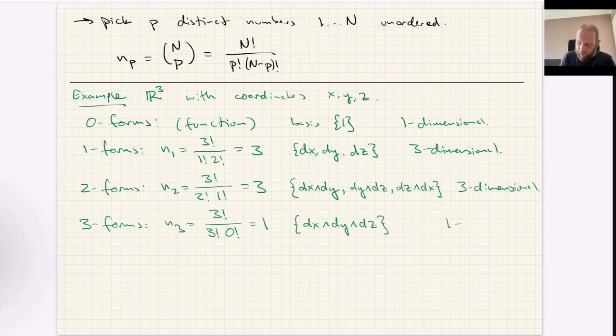So this is 1-dimensional. If we go to higher dimensions, we will of course get 0, because there is no way that we can write down a wedge product of more than 3 elements that are independent. We will always have an index repeated, and so there are no 4-forms in 3 dimensions, or 5-forms for that matter.